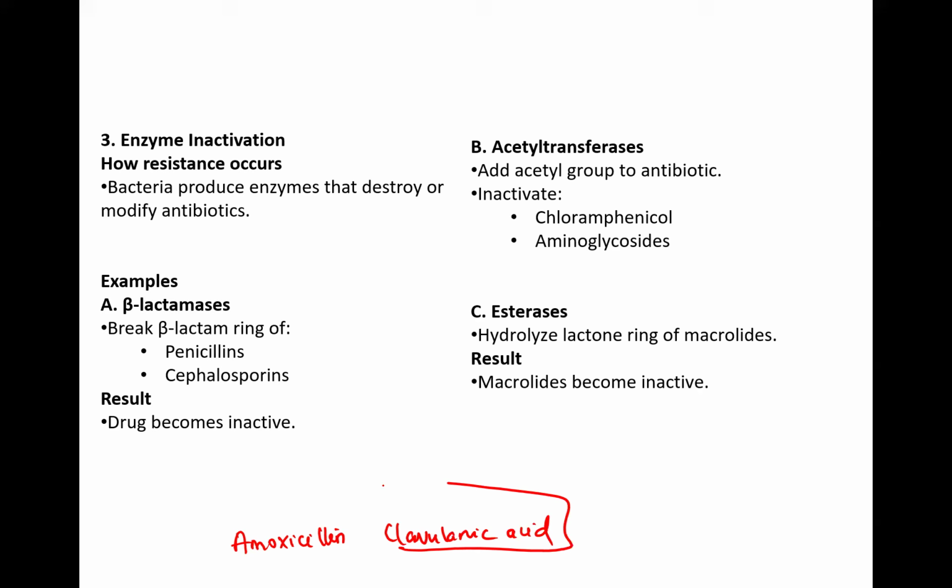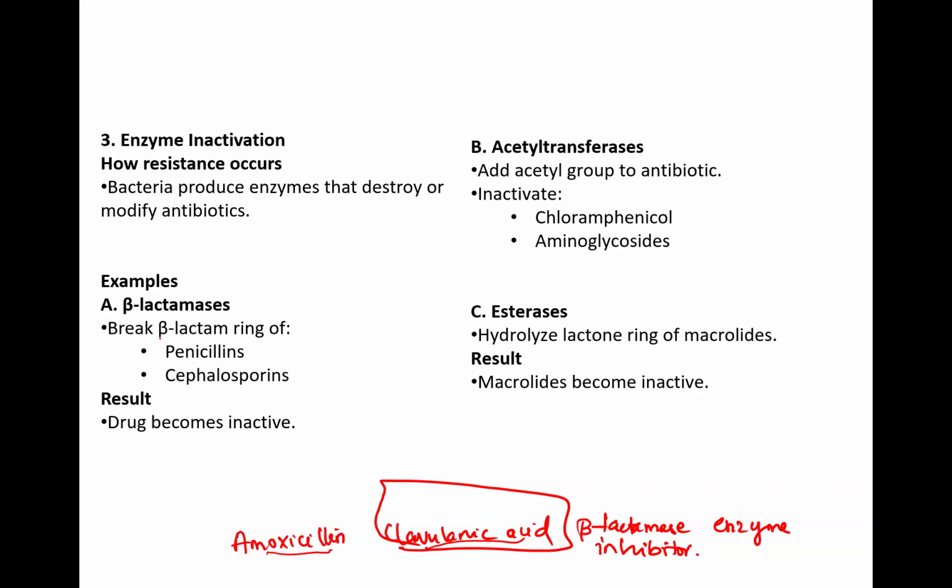This clavulanic acid is a beta-lactamase inhibitor, an enzyme inhibitor. So when amoxicillin is given with clavulanic acid, the clavulanic acid is not going to take part in antimicrobial action. Rather, it inhibits the factor which is inactivating amoxicillin so that amoxicillin can give an effect.